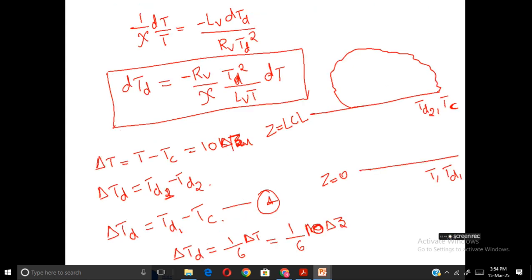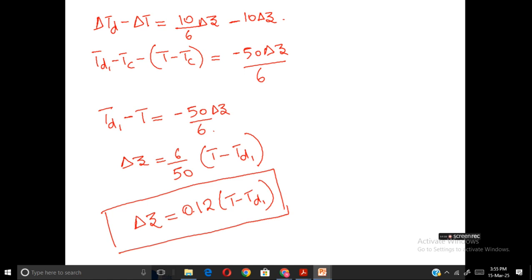Then we got the relationship for delta TD. We got the equation for delta TD. Then we substituted based on the temperature references of the surface and the base of the cloud. Finally, we got the value of delta Z to be 0.12 into (T minus TD).